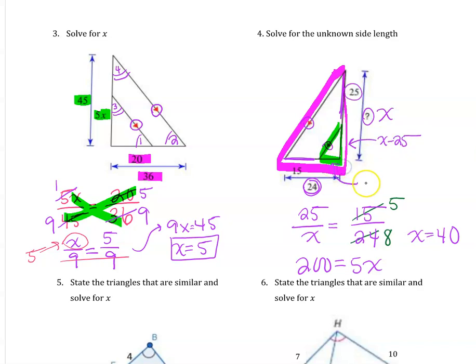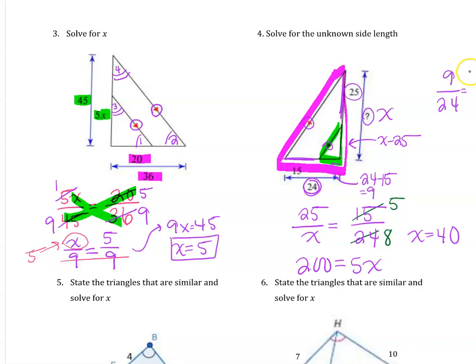Likewise, on the other side, that would be 24 minus 15, which is the same thing as 9. Okay, so if you wanted to solve it this way, you would do part is to whole, as part is to whole.